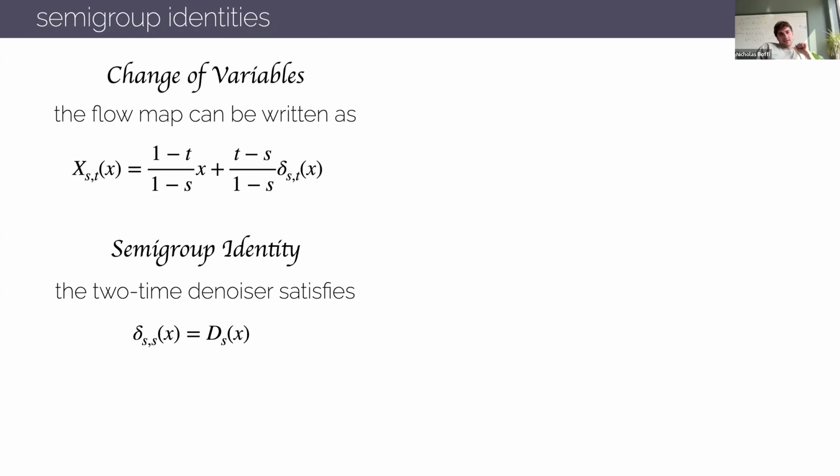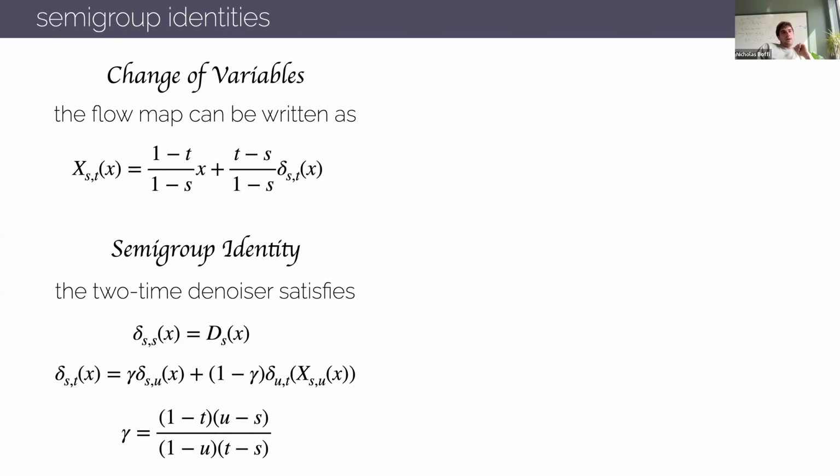It says that on the diagonal, the two-time denoiser reduces to the one-time denoiser. This is, in fact, why we call it the two-time denoiser. And then it also satisfies a semigroup condition. Namely, I can write delta st as a convex combination of delta at s and u and then u and t, evaluated at the appropriate points, where gamma, the parameter defining the convex combination, is a certain ratio of times.